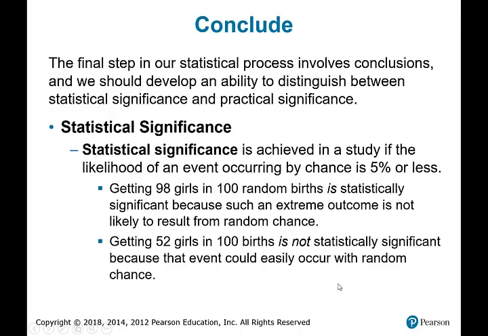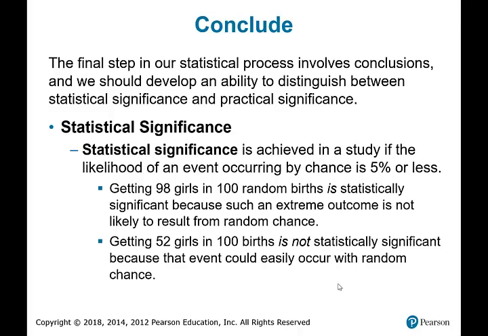When we look at statistical significance, let's say that in a study, the likelihood of an event to occur by chance is 5% or less. We say that it's statistically significant. Getting 98 girls in 100 random births is statistically significant because such an extreme outcome is not likely to result from random chance.